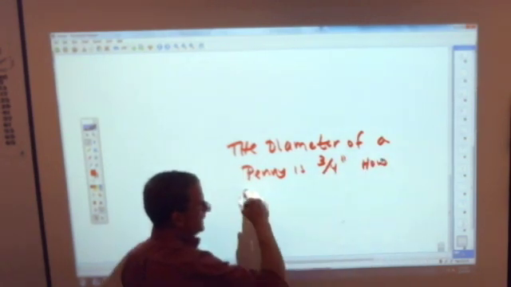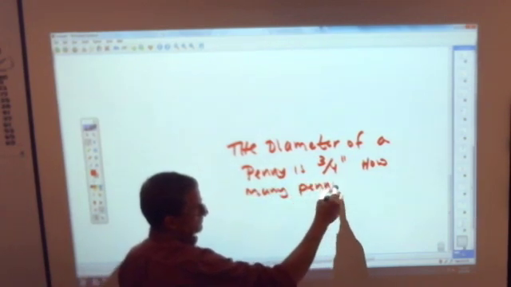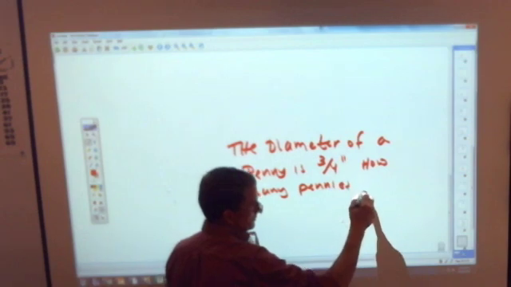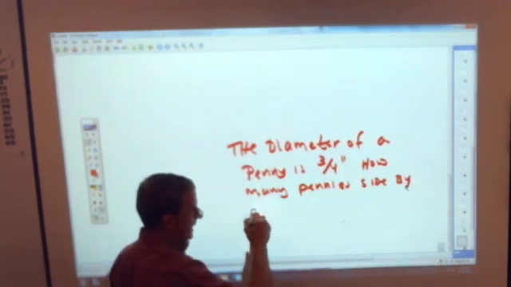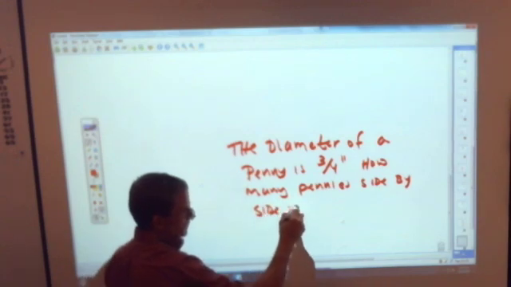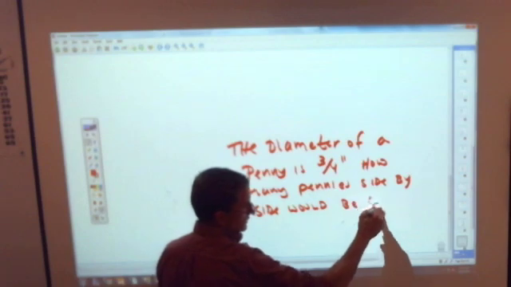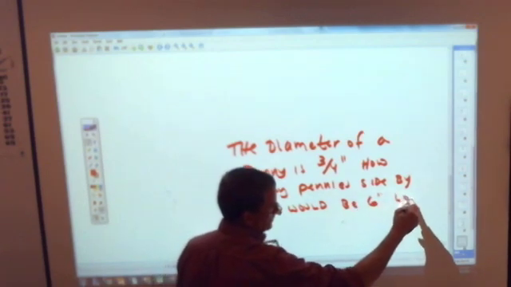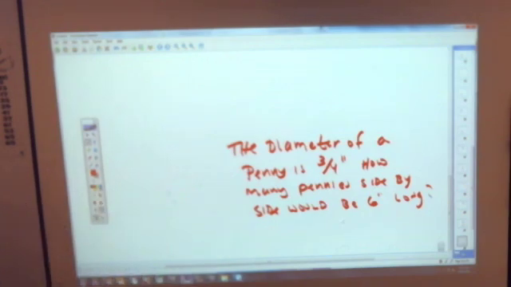How many pennies side by side would be 6 inches long? How many pennies 3/4 of an inch would be 6 inches long? Ooh, it's taking forever.